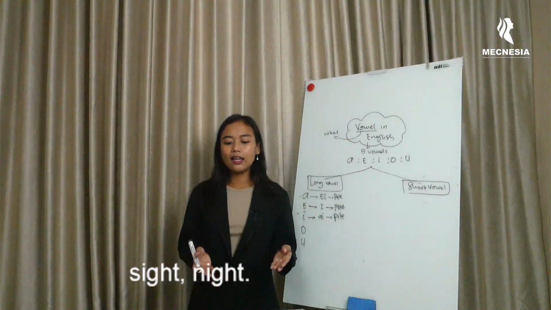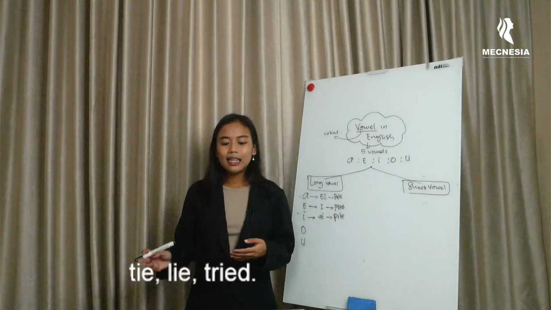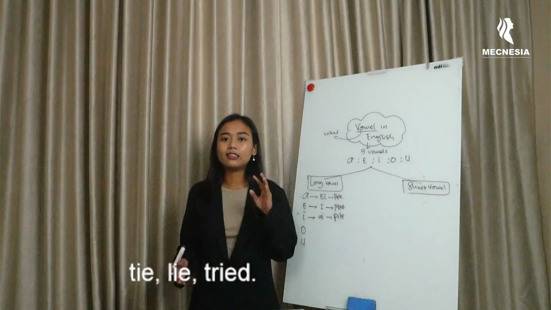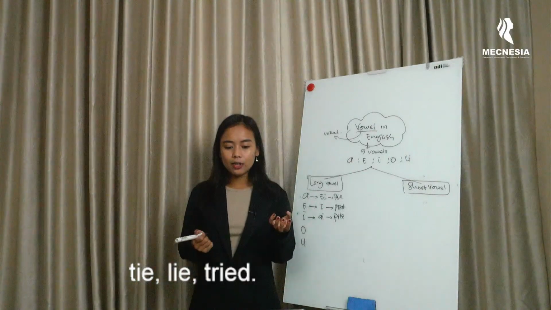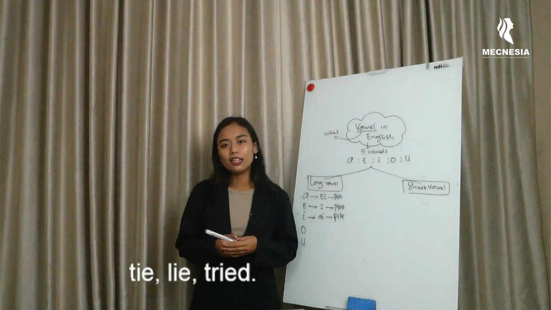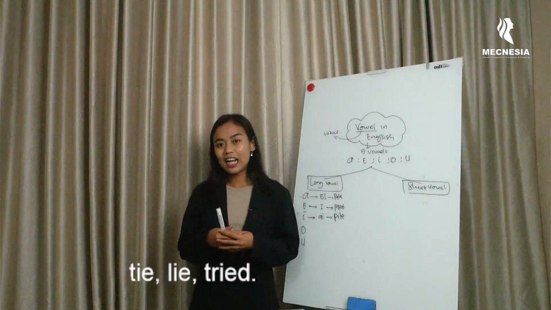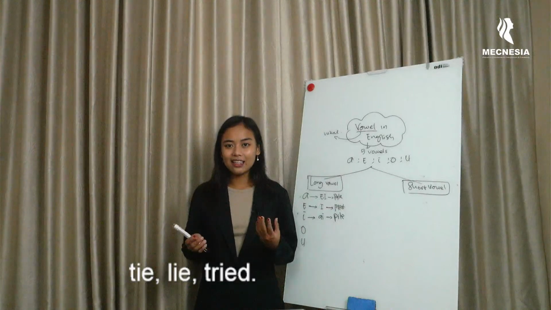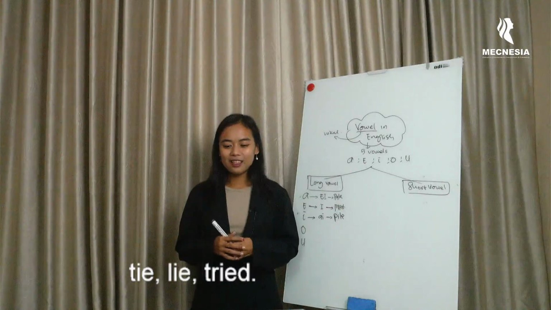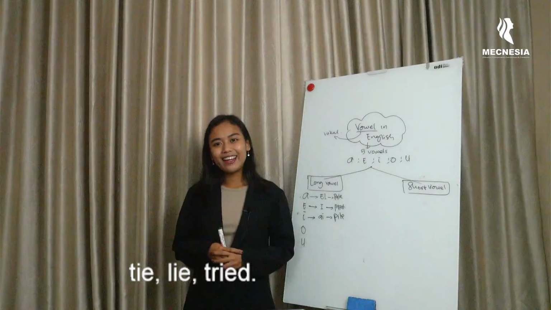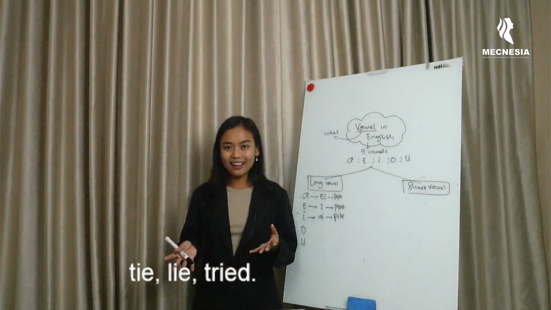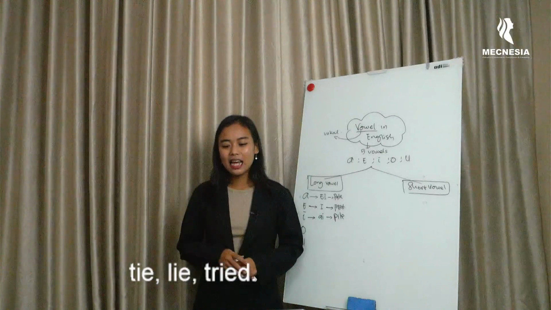Next, we have rules C, aturan yang C. When the I is followed by E, that is silent. Okay, ketika huruf I-nya diikuti oleh huruf E yang tidak dibunyikan. Like tie. And then lie. The next one is tired.